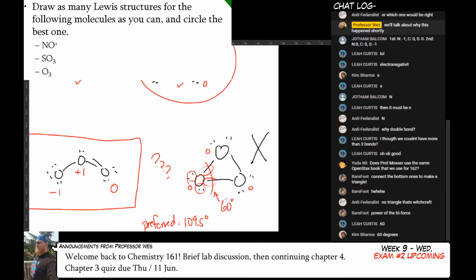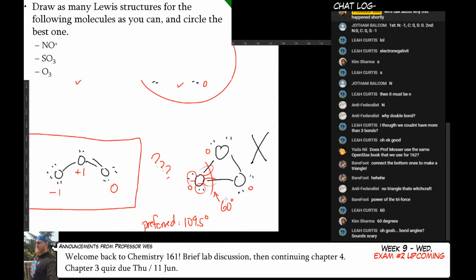If you take your hands and put them in front of you at about a 109.5 degree angle and say, this is where my electrons push themselves apart to, and then you contract your hands to be about 60 degrees, you'll notice that you moved your hands a lot. Like, they are significantly closer.